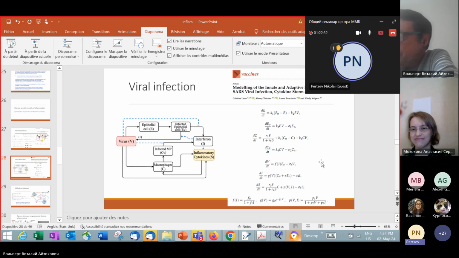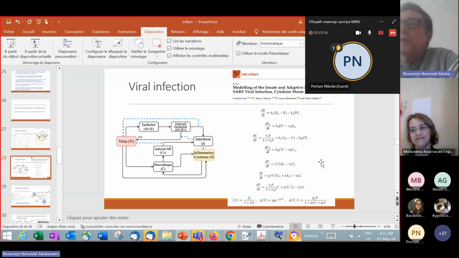Virus penetrates into a cell, sometimes or not. Yes, of course. If virus can penetrate into an infected cell, then virus disappears. We have no new viruses.